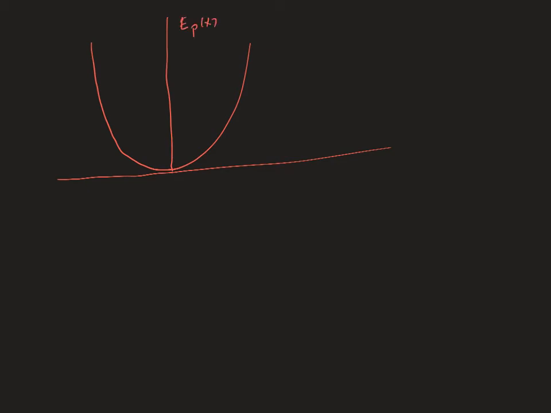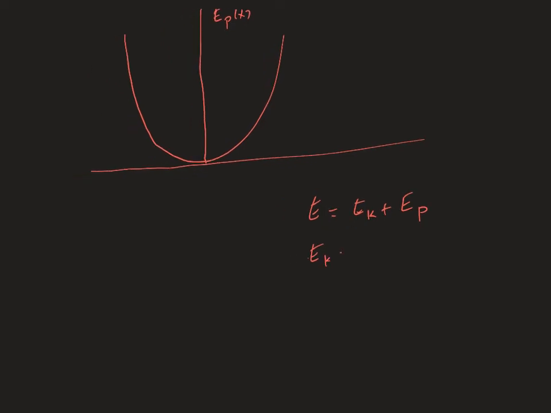And the second important thing that I said. Let's say that I have the graph of E sub p of x. This is the graph of E sub p of x. It's an oscillator. It's a spring that has a mass, and the mass has kinetic energy, and the total mechanical energy is kinetic plus potential. So the total energy is kinetic plus 1/2 kx squared.